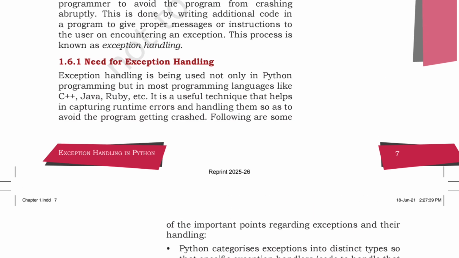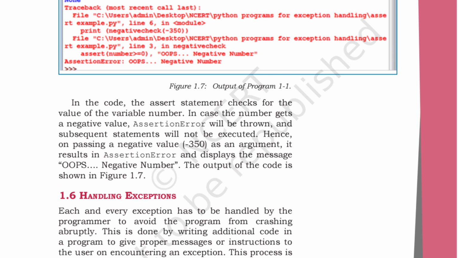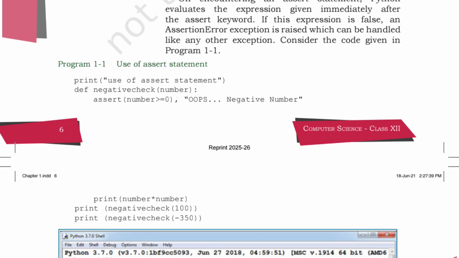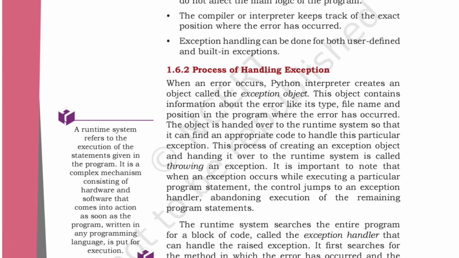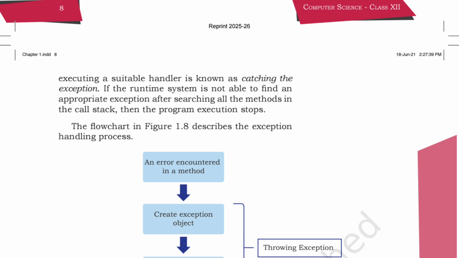Handling exceptions. Error, assert, we saw the assert statement also. This is a different kind of exception. So you just need to remember that exception handling is used to search for the different types of errors triggered at runtime, or at compile time of the coding, and then execute the program according to the errors that we triggered and solve them.